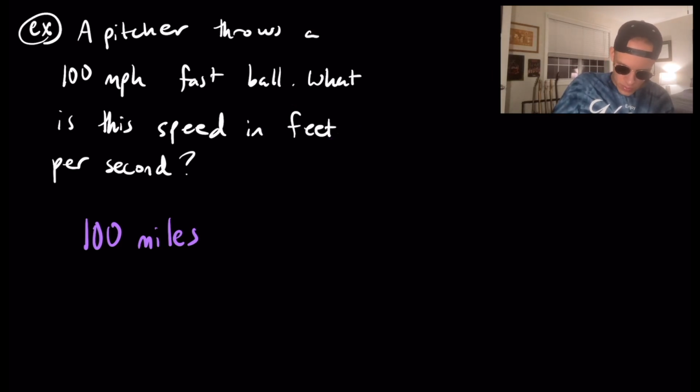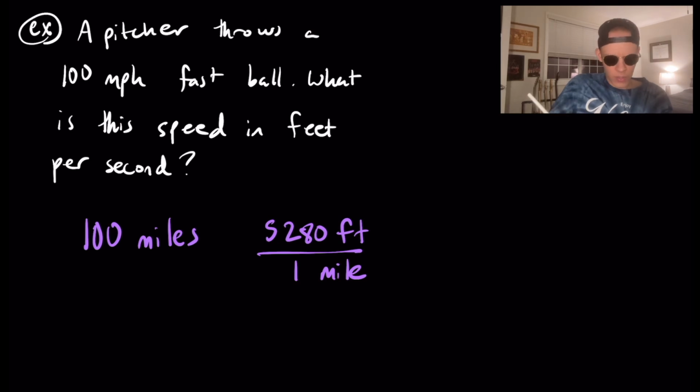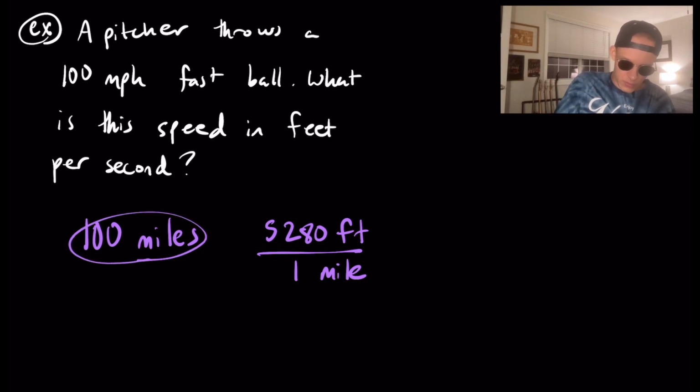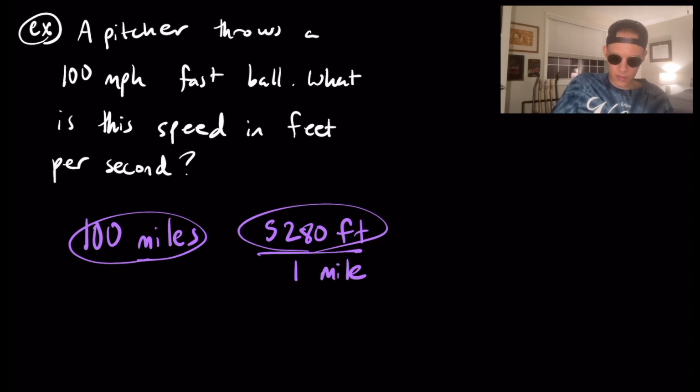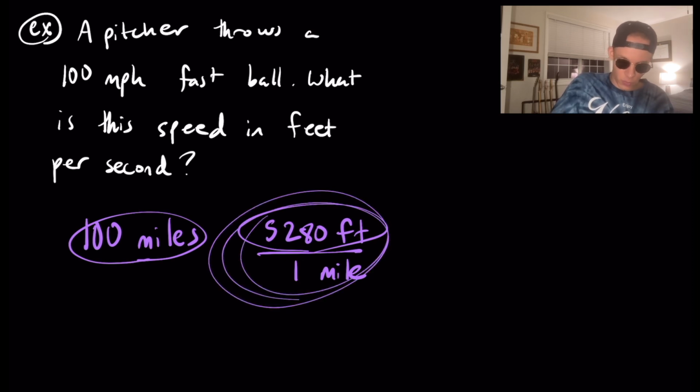If you don't know, there are 5,280 feet per mile. So if we want to convert the 100 miles to how many feet that is, we would multiply the number of miles by this ratio.